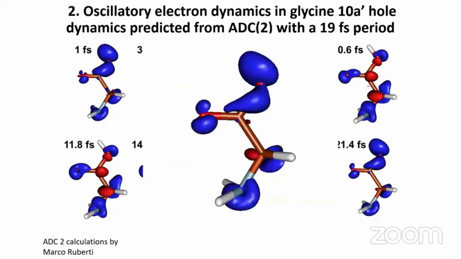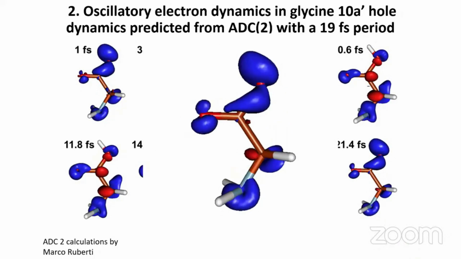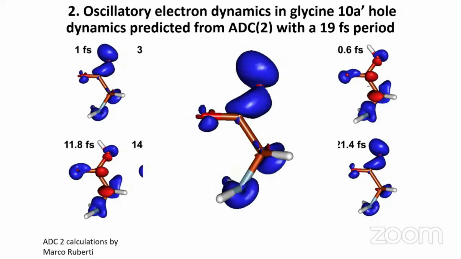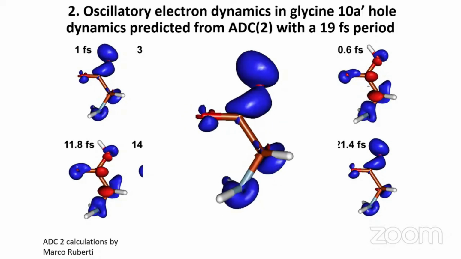So just for good measure, here's the cartoon movie showing how the density moves up and down the backbone of the glycine, and we're probing at the carbon sites here and here. So that's where we're measuring it, somewhere in the middle of the molecule, not at the end of the molecule.